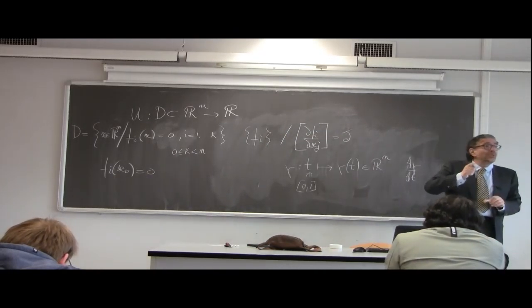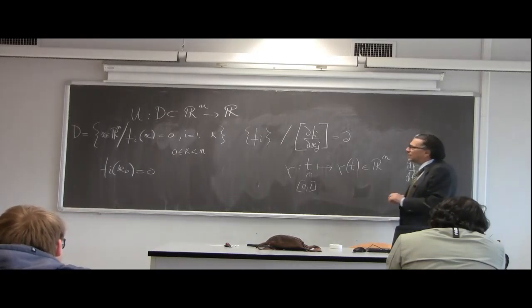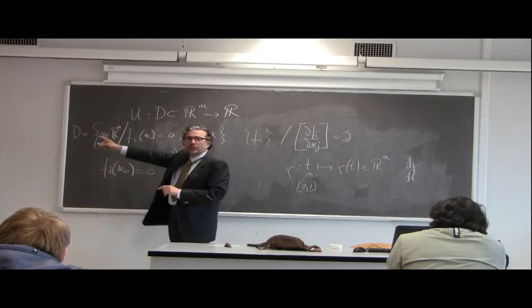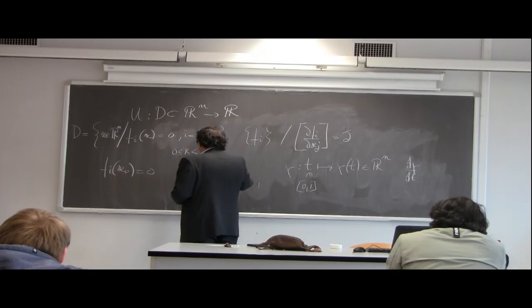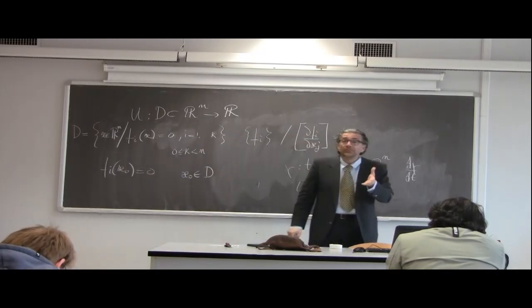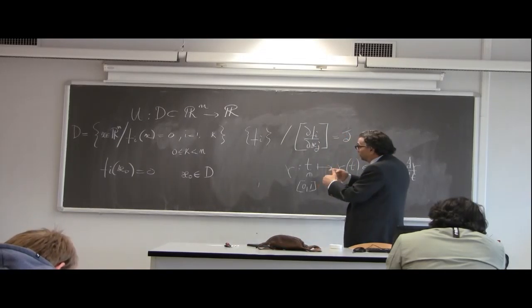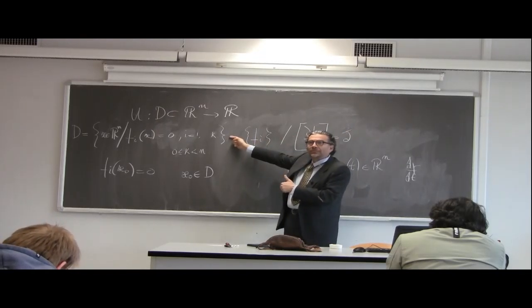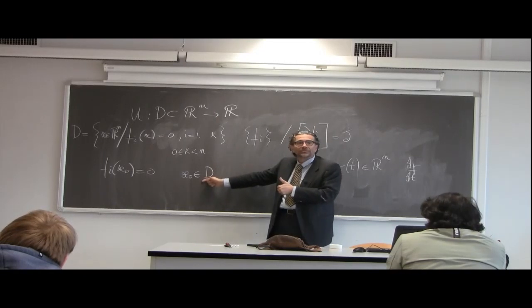Now the trick which we will use now is to consider a point x0 which belongs to D, and a curve which is included in D and passing through x0.